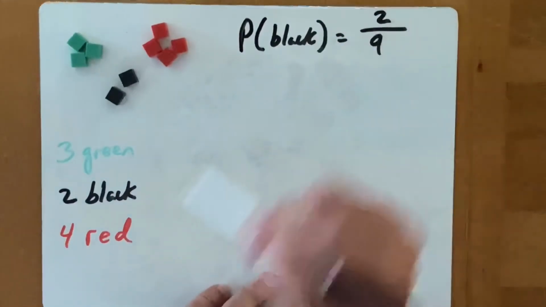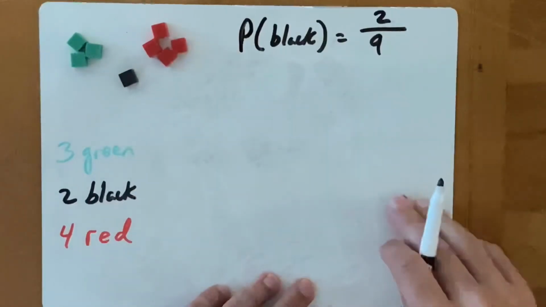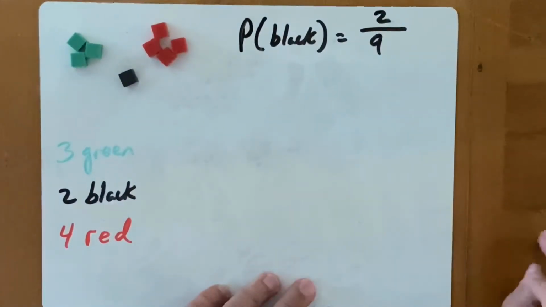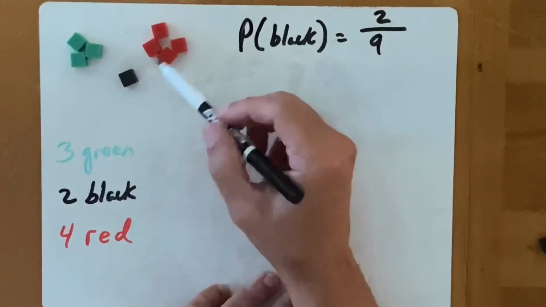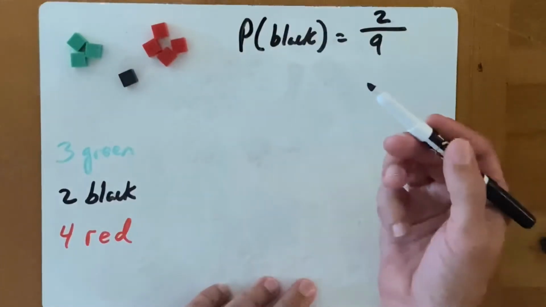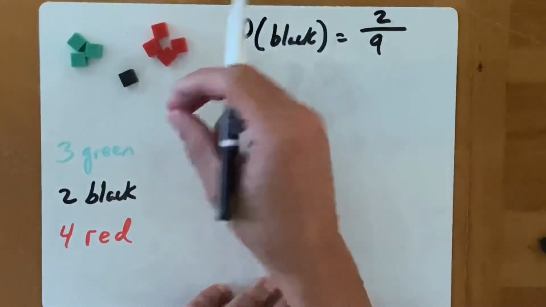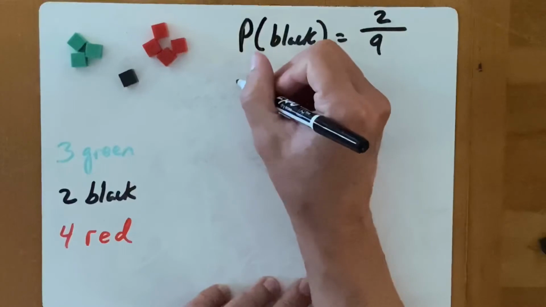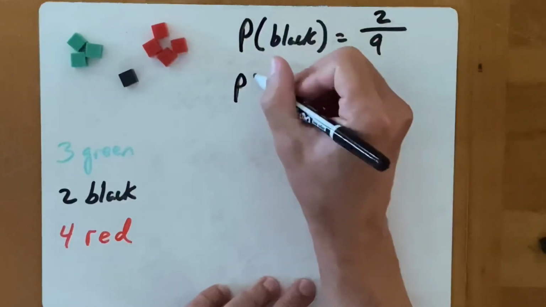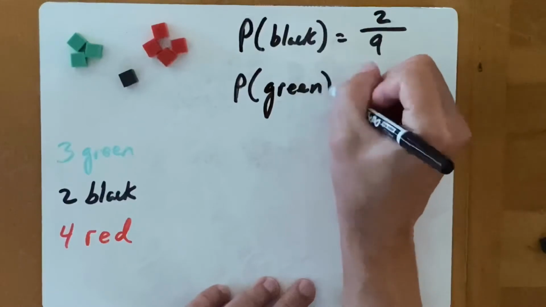Now, if I take that black one out and set it aside, now I only have 8 cubes in the bag. So now our sample space has changed. If I take another grab out of the bag, what's the probability of getting a green cube?